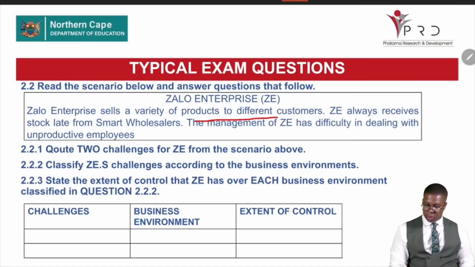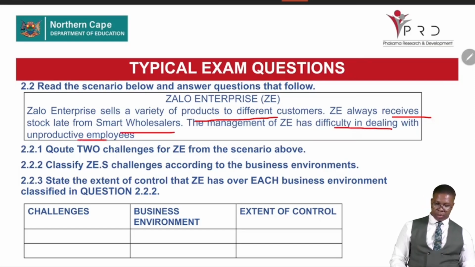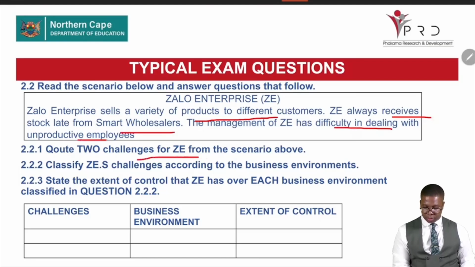And then ZE always receives stock late from smart wholesalers, and the management of ZE has difficulty in dealing with unproductive employees. Quote 2 challenges for ZE from the scenario above, classify ZE's challenges according to their business environment, and then state the extent of control that ZE has over the business.